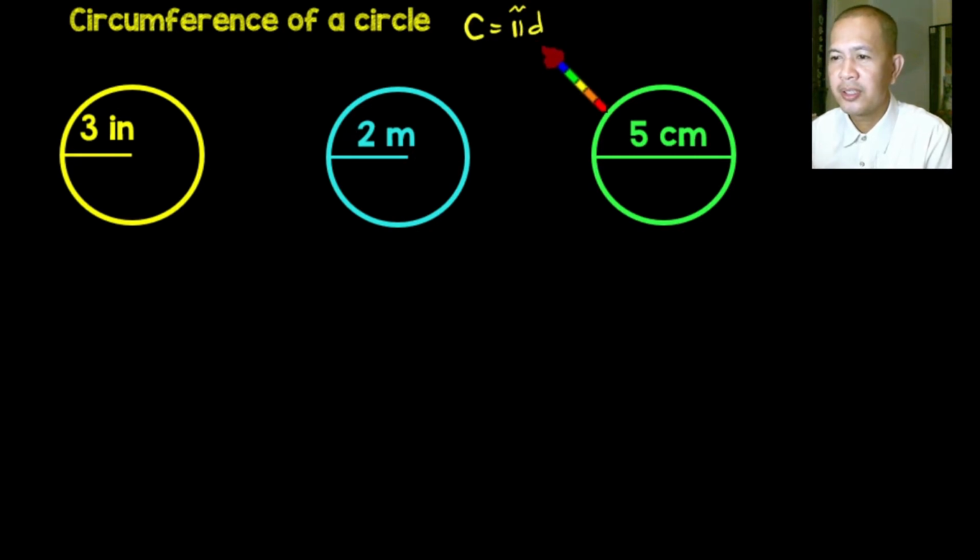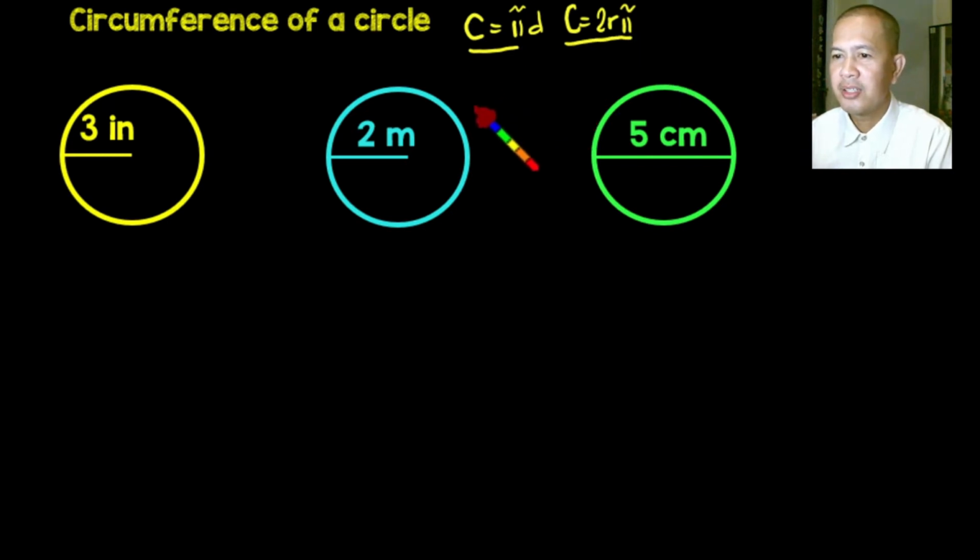A diameter is equivalent to two radius, so we can also say that circumference is 2 radius times pi. We can use this formula too, which is the same.